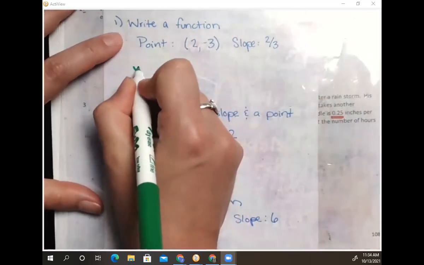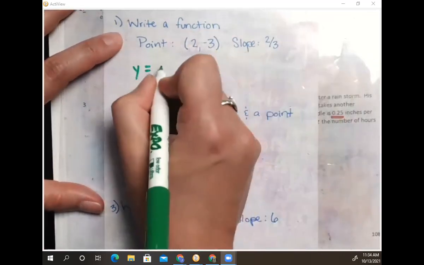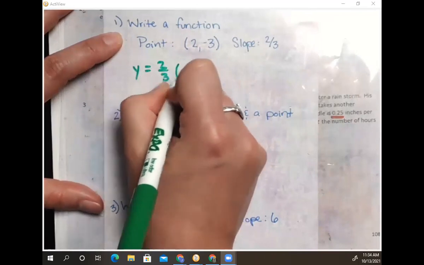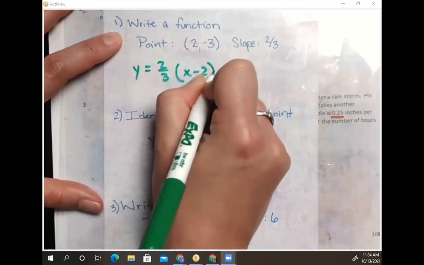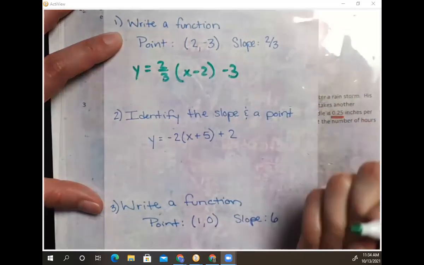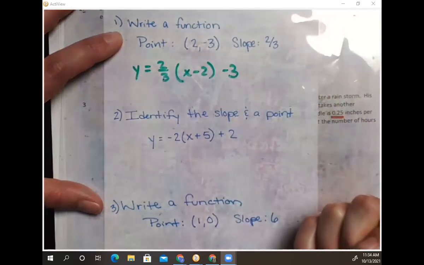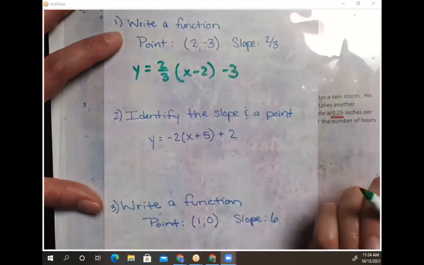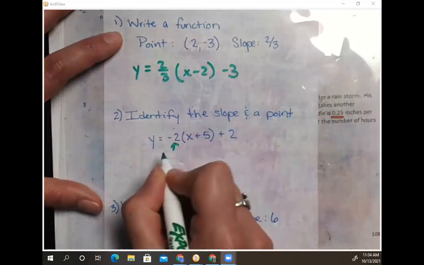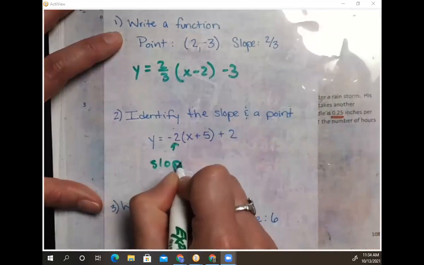Okay, check your work. My function for this first one would be y equals 2/3 times x minus 2 minus 3. For number 2, my slope is -2.